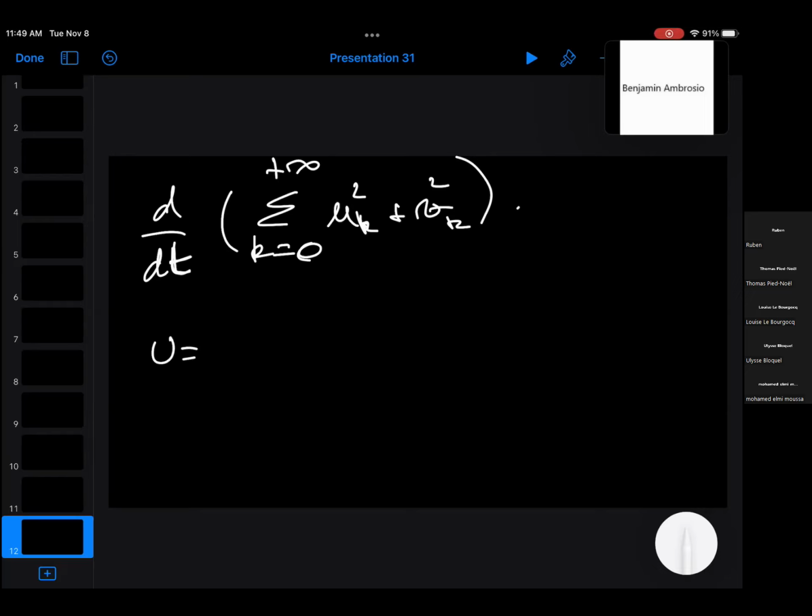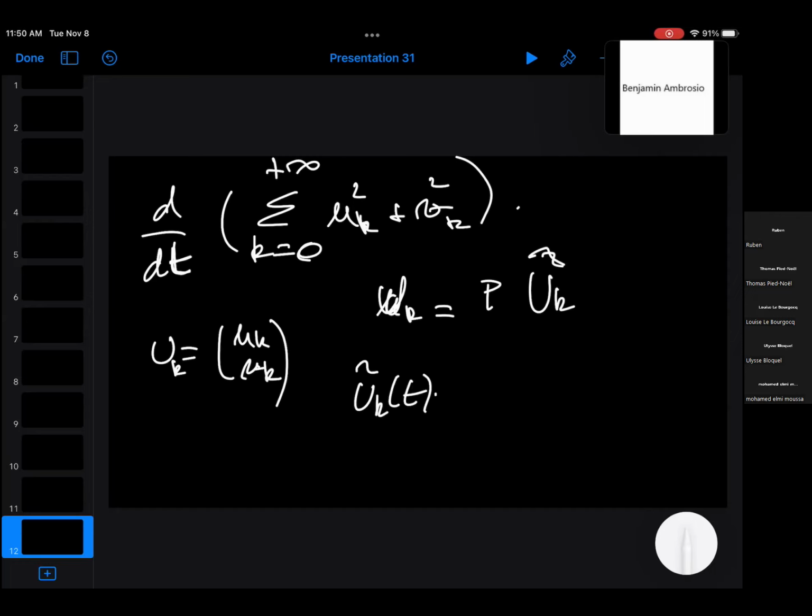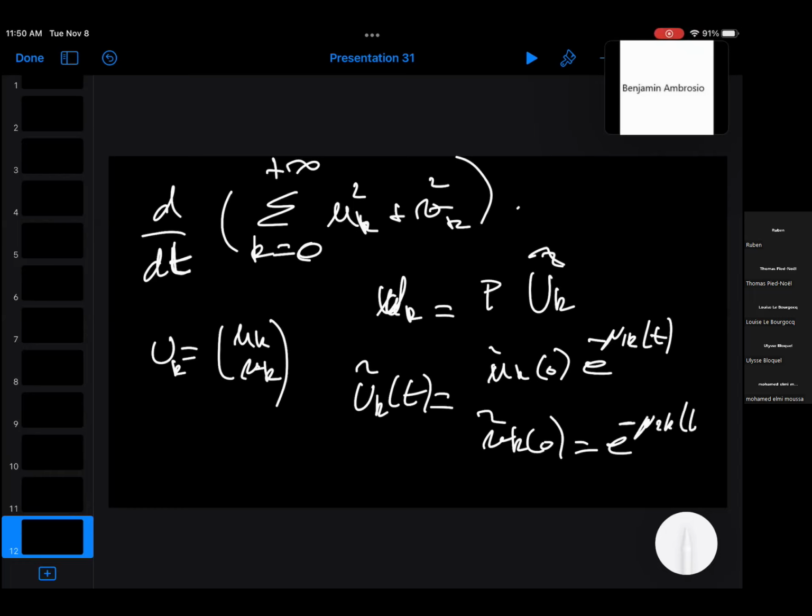But in fact, I can do a little bit better. So if I write, let's say, U_k is (u_k, v_k), I know that by a change of variable, considering only the large k, I can write U_k equals P times U_k tilde, and u_k tilde of t will be equal to u_k tilde of 0 times exponential of minus mu_1^k t, and v_k tilde of 0 equals exponential of minus mu_2^k t.